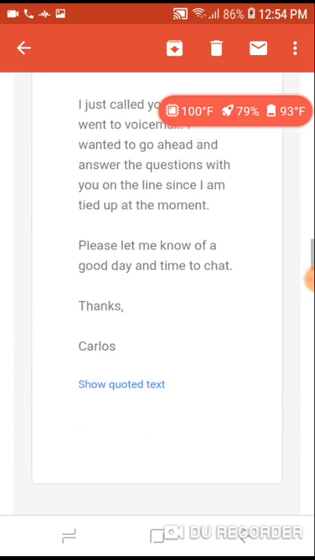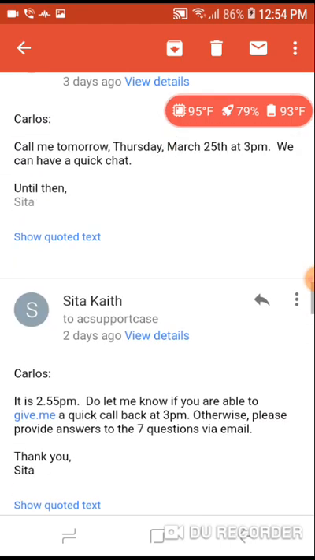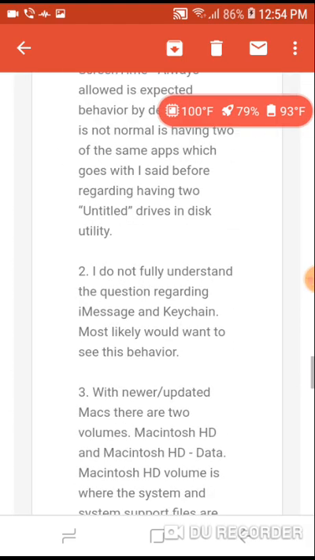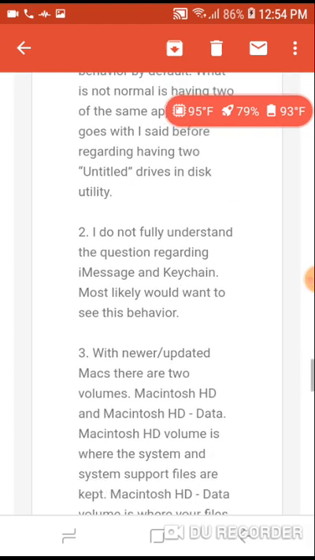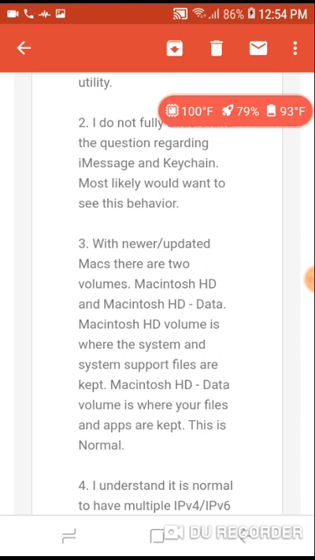Like he mentions Mac HD and Mac HD Data. Two different volumes there that are partitioned a little differently, where you have one just for the system, Mac HD or Untitled, and then the data, where all your personal stuff goes into that one. And that's normal with the systems that came out after Catalina.